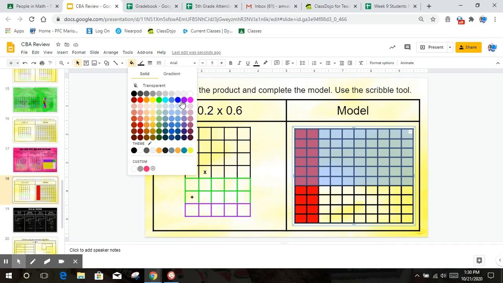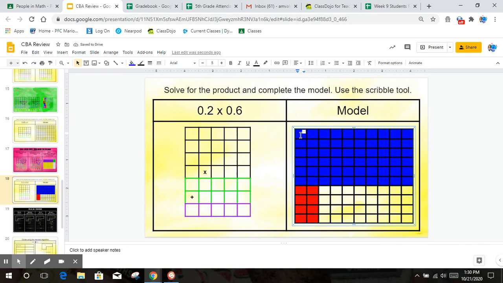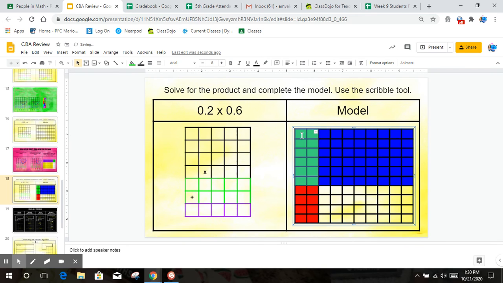Choose a second color. And somebody might say, but Miss, you covered it. Okay, we talked about that in class. Where did I cover the red at? I covered the red right here. And that is my product there, 2, 4, 6, 8, 10, 12. And I bet you if I multiplied 2/10 times 6/10, it would give me 1,200s.